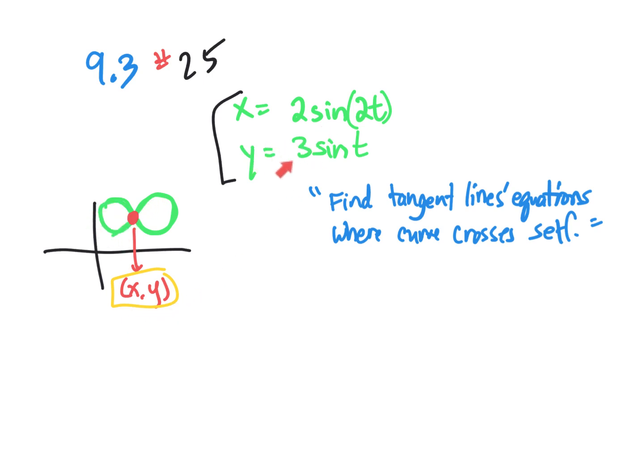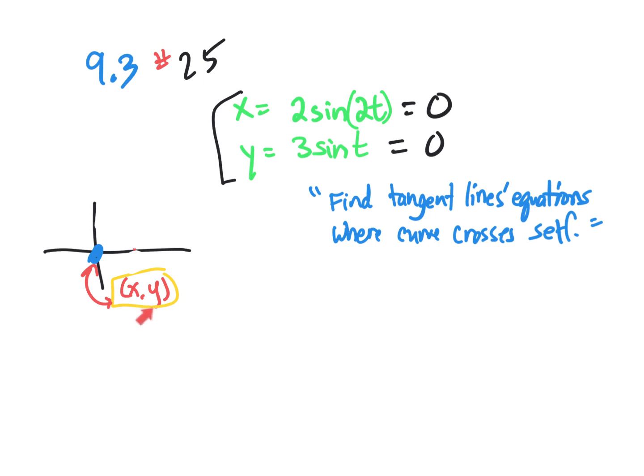And so as you look at this, we ask ourselves, is there a t value that will give the same x and y value, and such that we can find another t value which gives the same x and y value? And in this case, the most obvious x and y value that we're looking for are 0. So we're thinking about the origin.